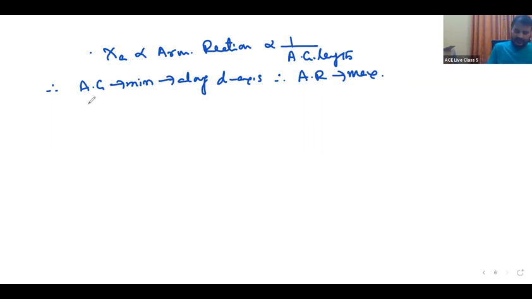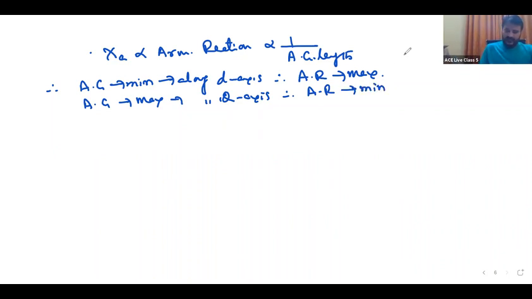But air gap is maximum along the Q axis, therefore armature reaction is minimum. So this is XEAD, this is XEAQ.